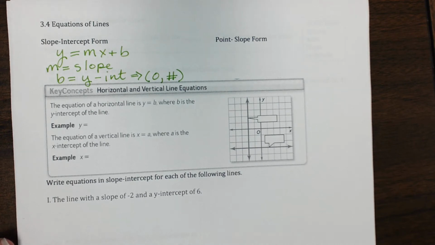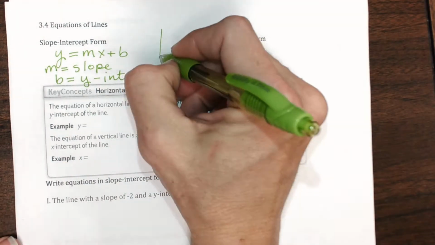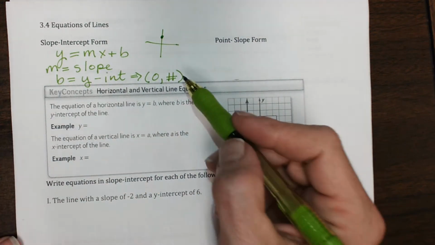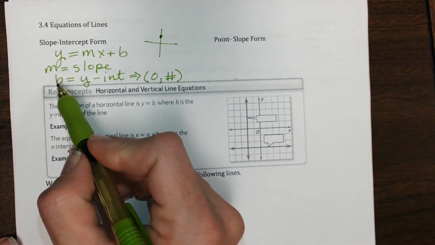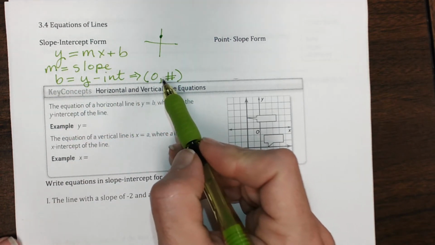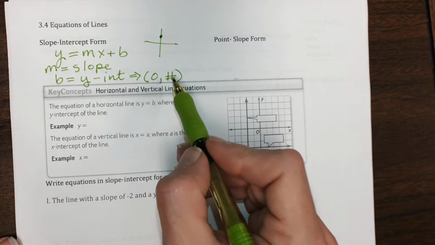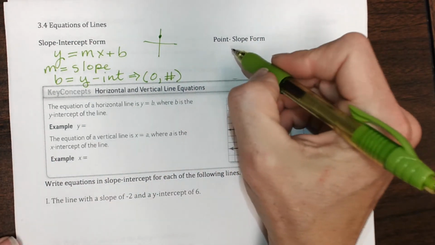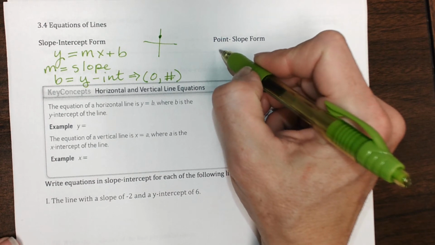Because the y-intercept is the point along the y-axis when x is 0. So sometimes it will tell you the y-intercept is a number, or it might give it to you as a point, but that number right there still represents b.